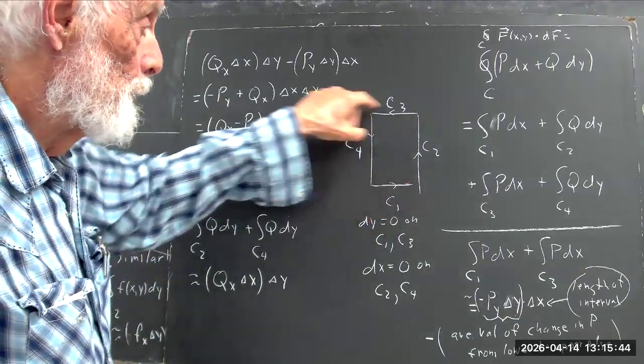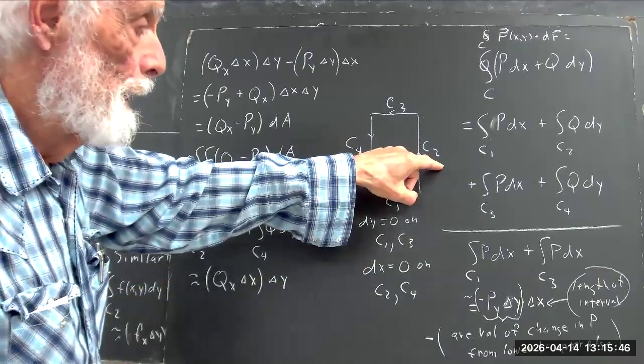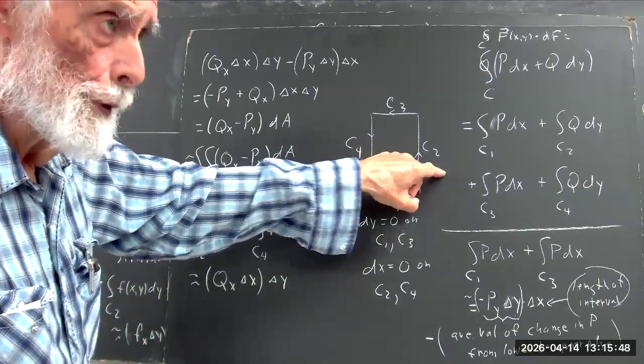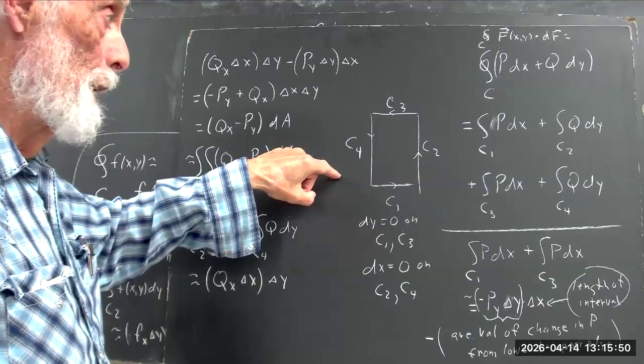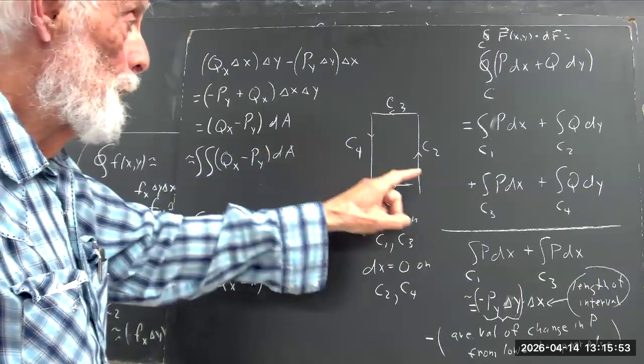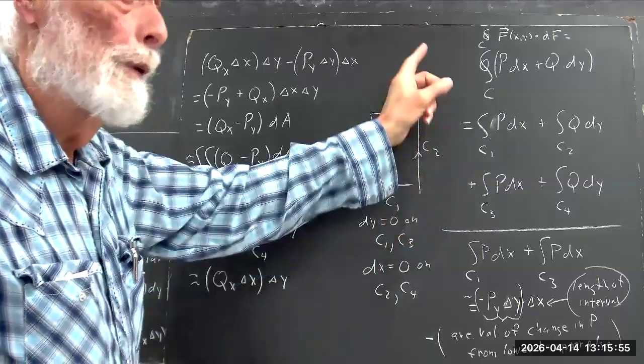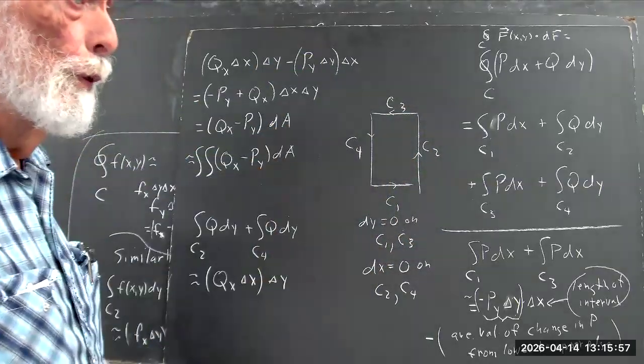And then on the vertical increments, the values on C2, the edge to the right, and the values on C1, the edge to the left, where we're integrating upward along C2 and downward along C4.